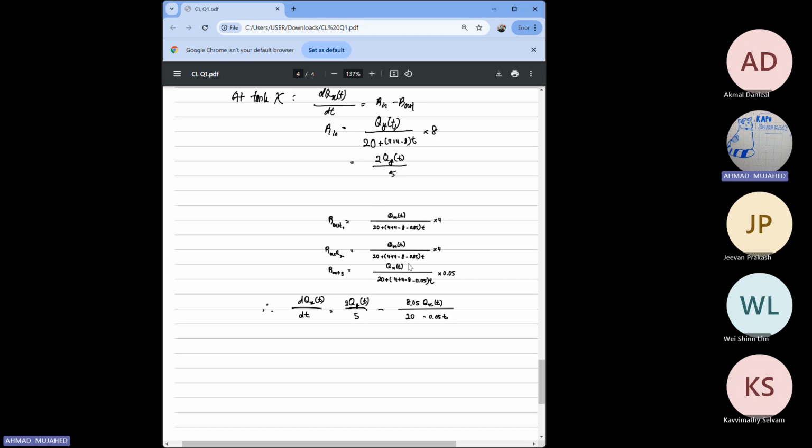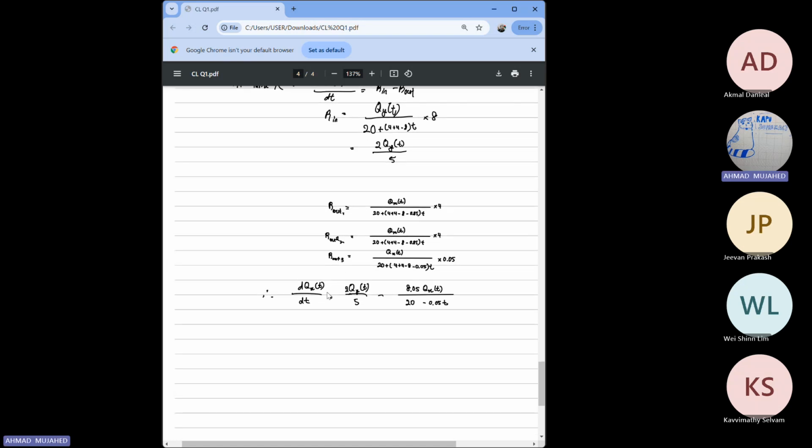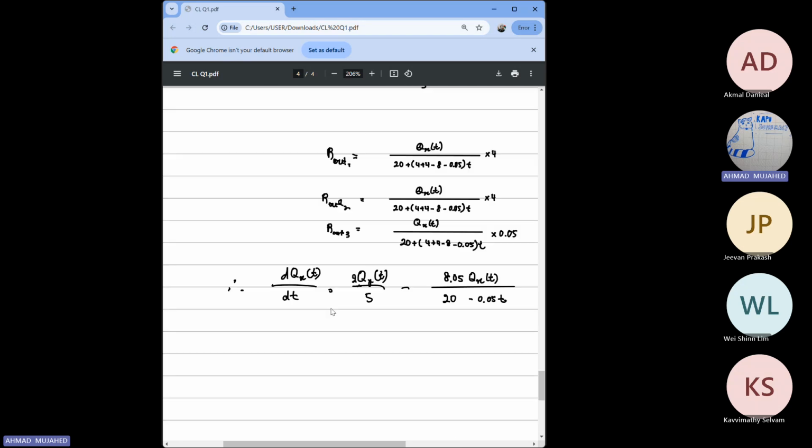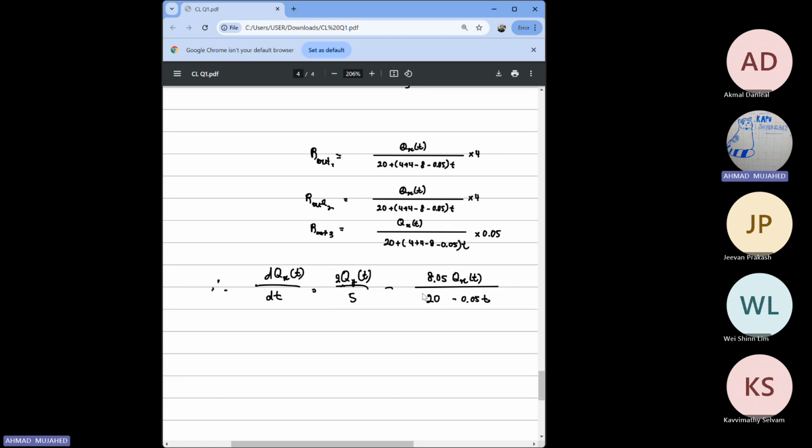So the same as above, only minus the 0.05. Then here's the final answer. dQ over dt times 2 equals 2Q(t) over 5 minus 8.0 Q(t) over 20 minus 0.05t.